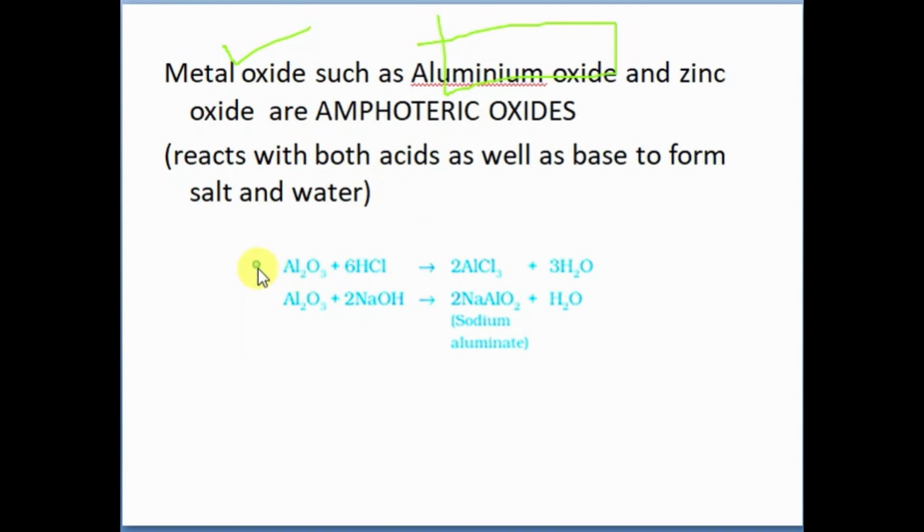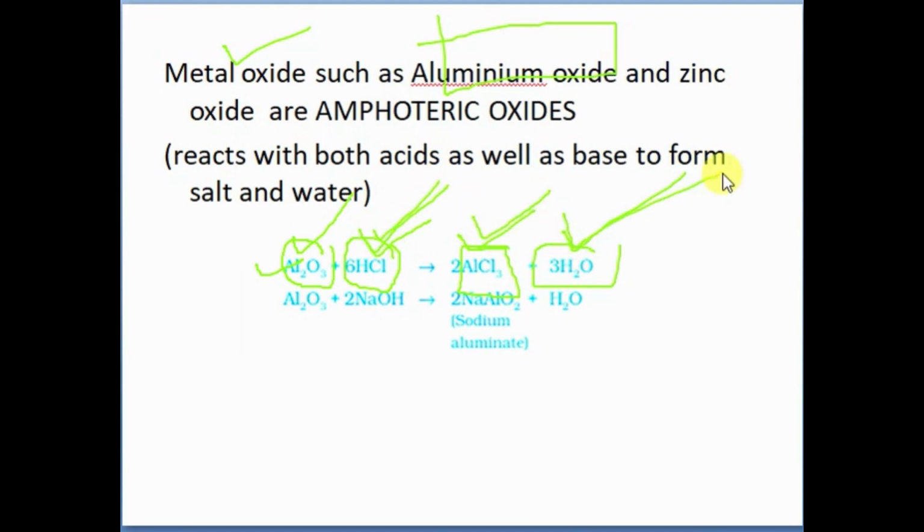Here you will see aluminium oxide, Al2O3, reacting with HCl, an acid, to form AlCl3 and H2O, salt and water. And here the amphoteric oxide is reacting with a base to form salt and water.